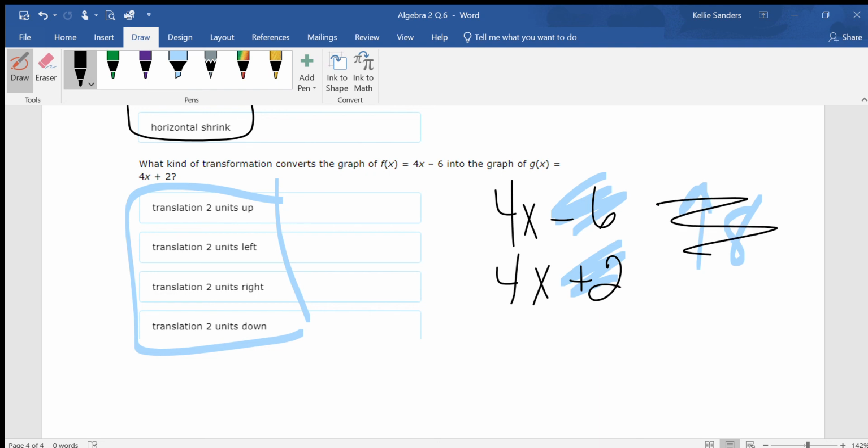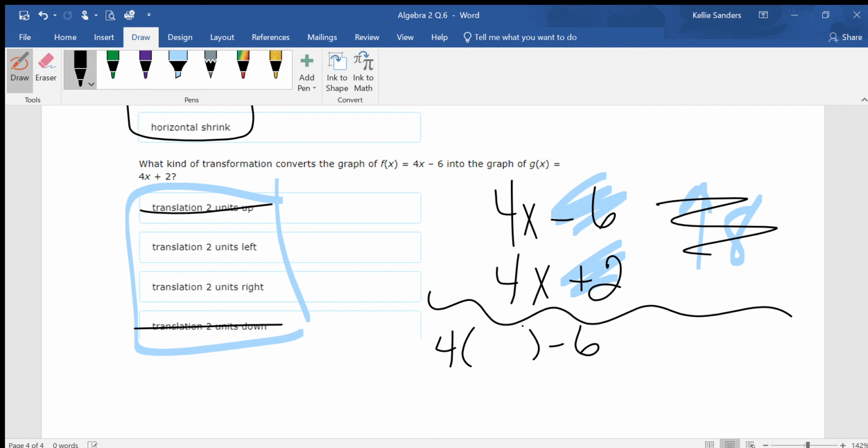So in all honesty, what I did, I took our original problem, and I know it's not going to be an up or a down because I already figured that out. So if it went to the left 2, then it would be x plus 2, because remember, left is opposite. So if I did this, 4 times 2 is 8.